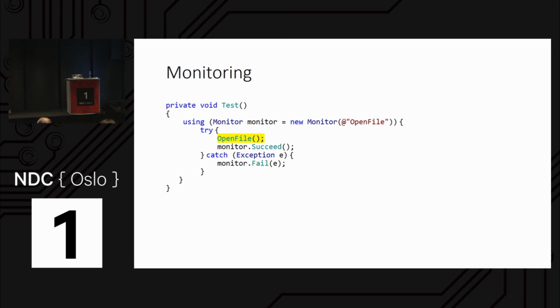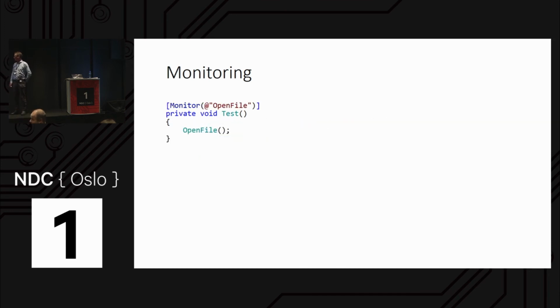And that's a bit of a problem with monitors like this, especially if you have more complex scenarios with sub-scenarios and so on, and you have to really hunt to find the actual functionality of the program. So we have some people who have been experimenting with an attribute-based approach, where you map scenarios to methods and you just apply attributes instead, and that's actually much nicer.